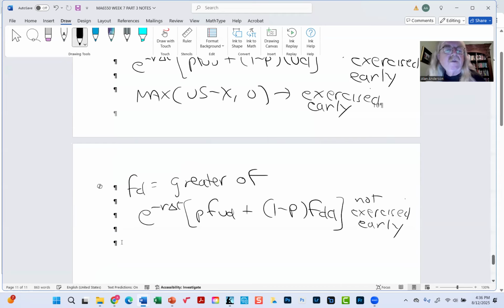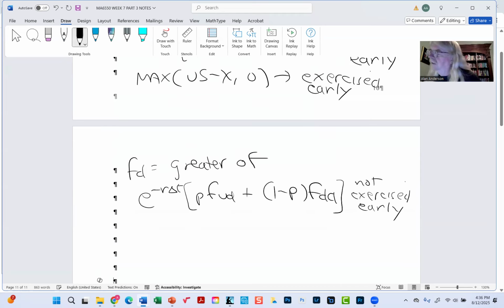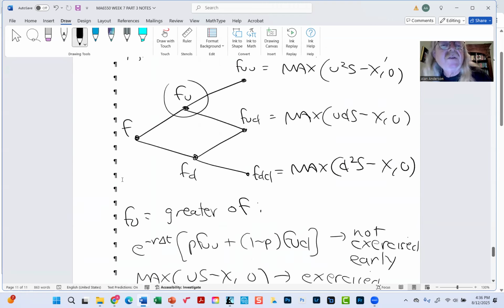So it's either that one or the other. And then that just leaves F, the root.